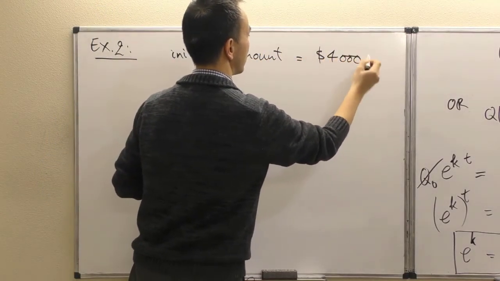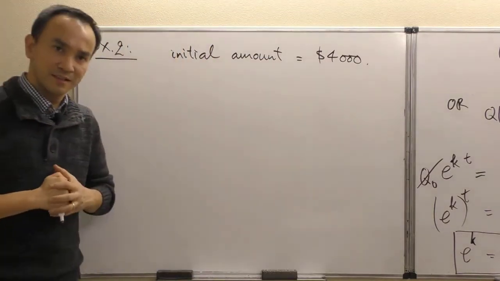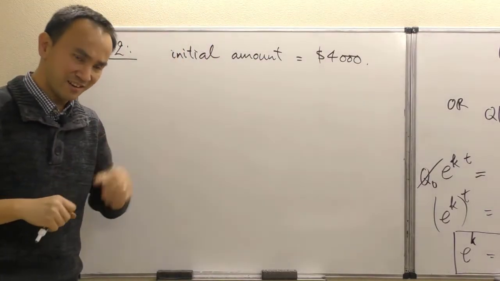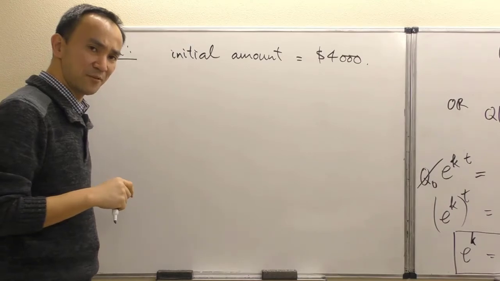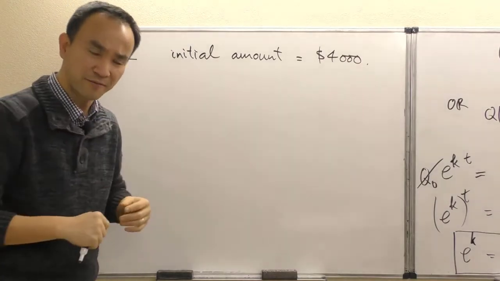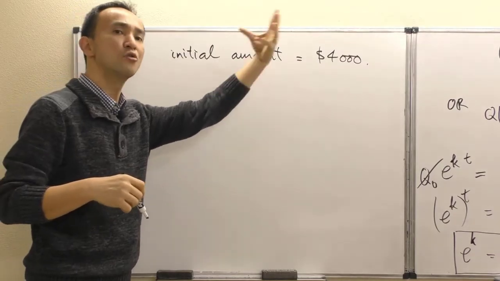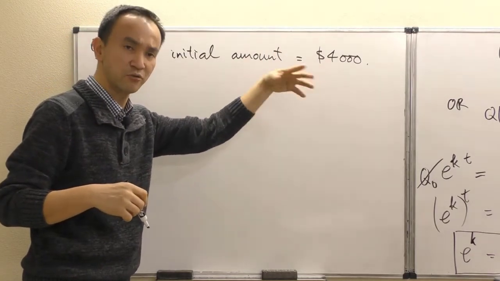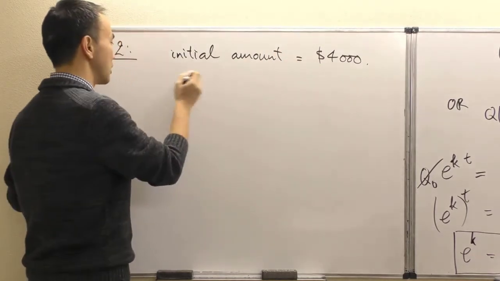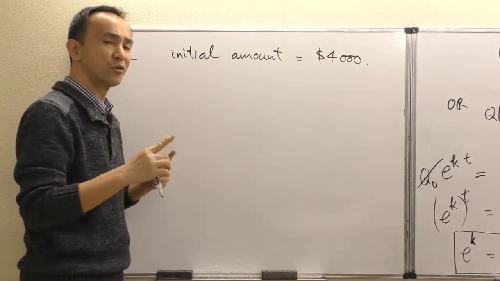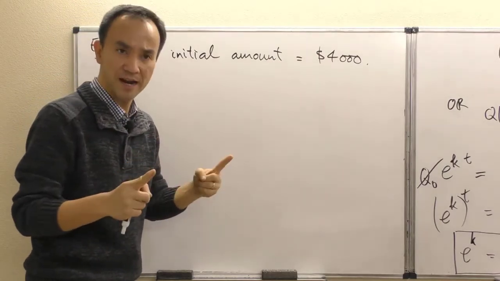That's what I know I have. And then here's another piece of information. According to what we read from the problem, this amount grows to 8,000. So 8,000 is playing the role of a future value.